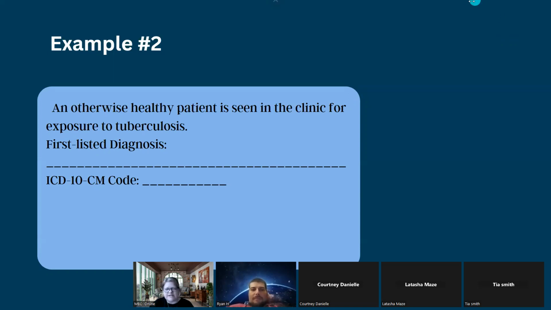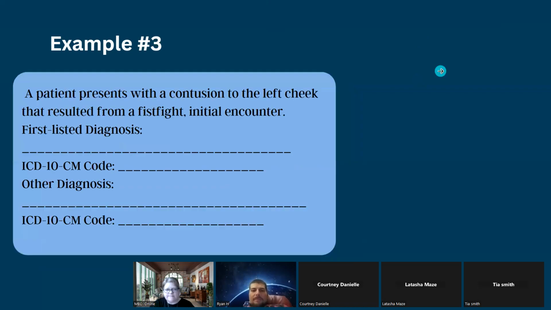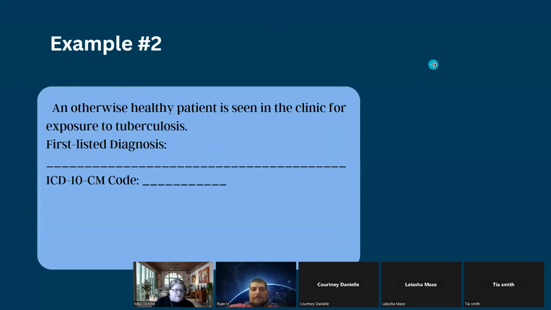And I don't think I took pictures of this one. No, I didn't. But, so you find exposure in your alphabetic index. Who wants to do that real fast? I'll get the next one. I gotta grab the book. This one's not too bad.